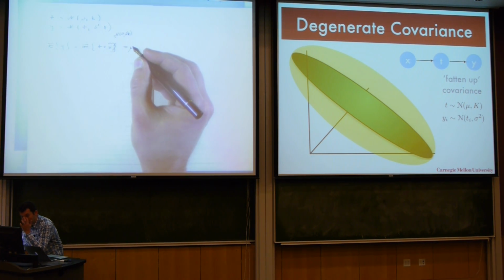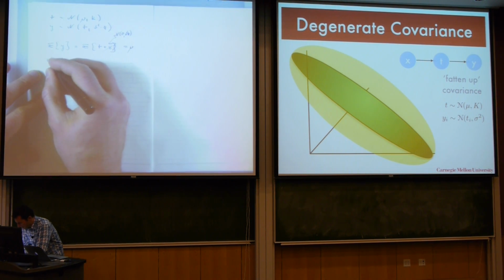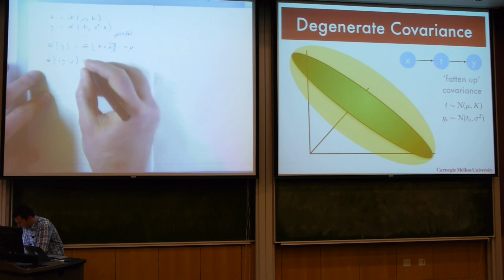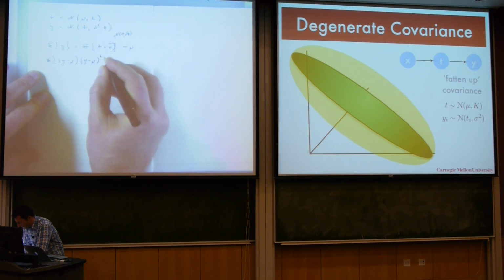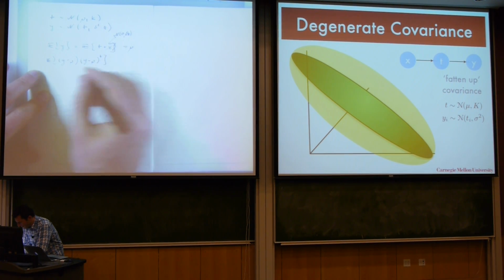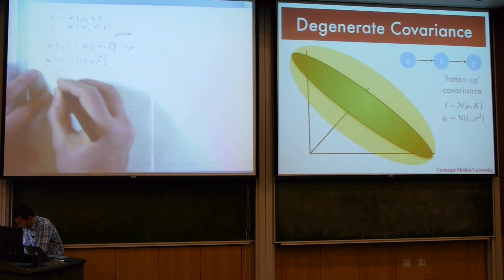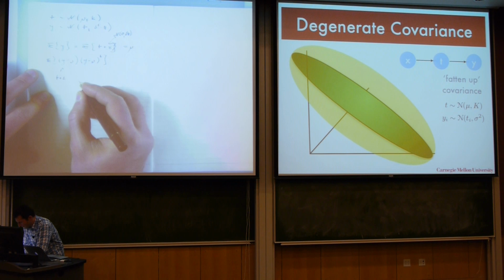Good. Now let's work out the covariance matrix. So the expected value of (y minus mu)(y minus mu) transpose. Now let's plug in what we have for y. We have that this is t plus epsilon.